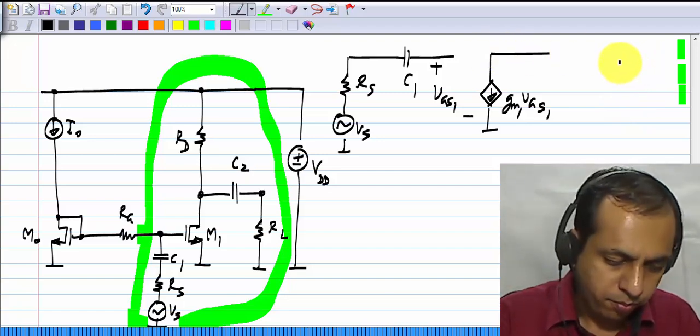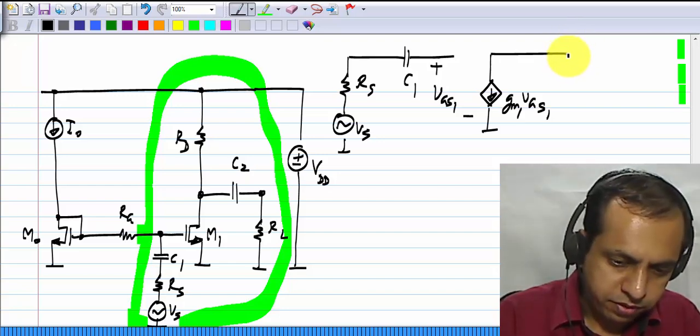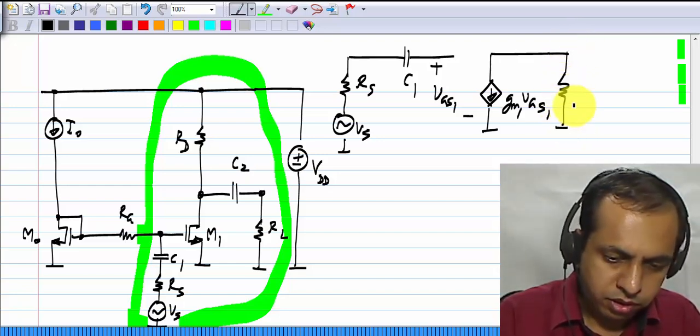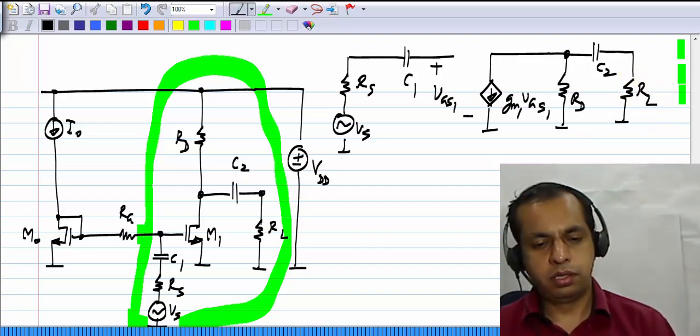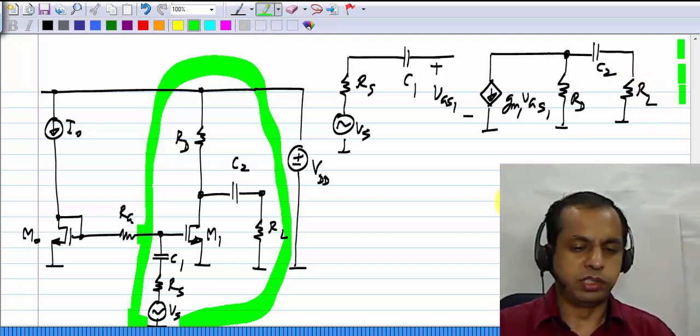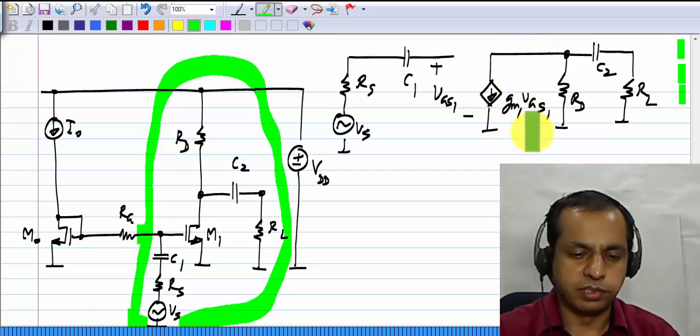and we have the resistor RD, AC coupling capacitor C2, and load RL. By the way, in all this analysis, I am neglecting the incremental output conductance of the transistor itself.